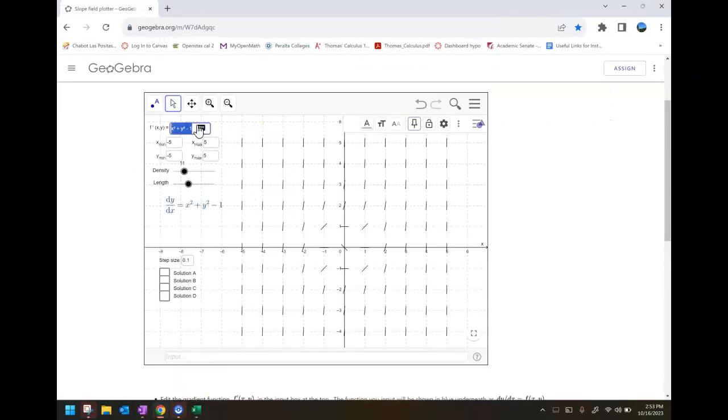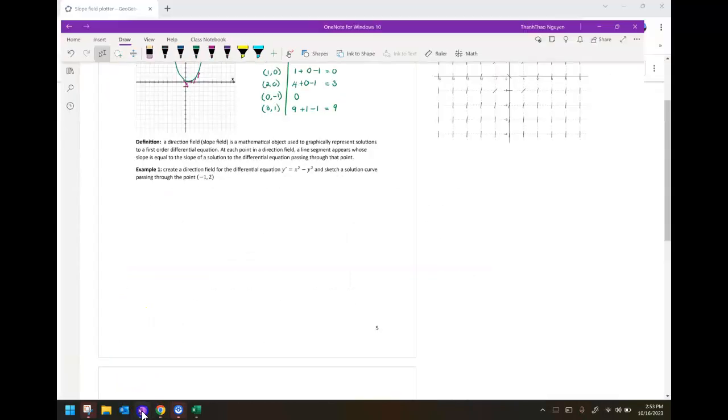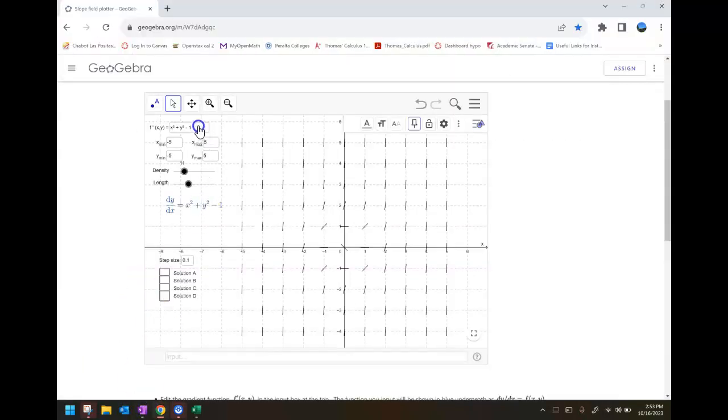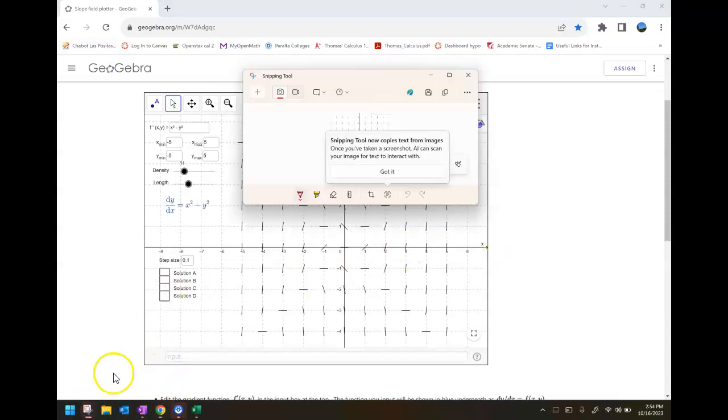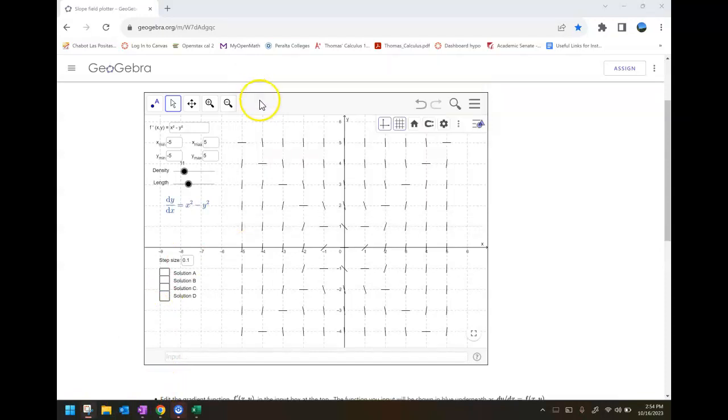The curve that we're looking for is x squared minus y squared. Okay, so this is the curve. I will screenshot this and we'll take it back to our page.